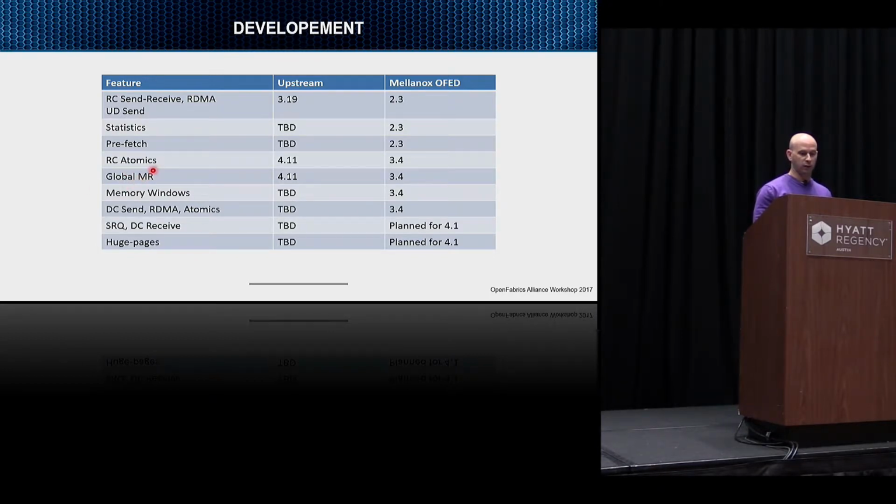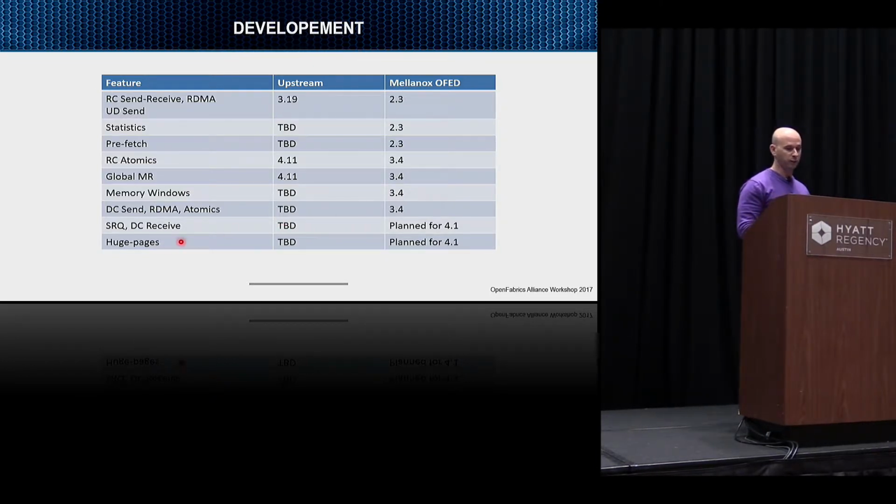One interesting thing is the notion of the global MR. It's already part of OFED 3.4, but it's going to be upstream at kernel 4.11. Memory windows are supported in MOFED.